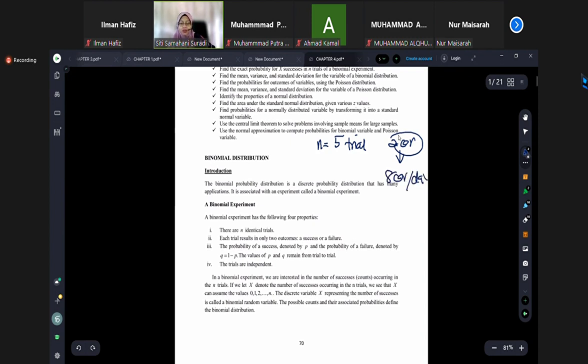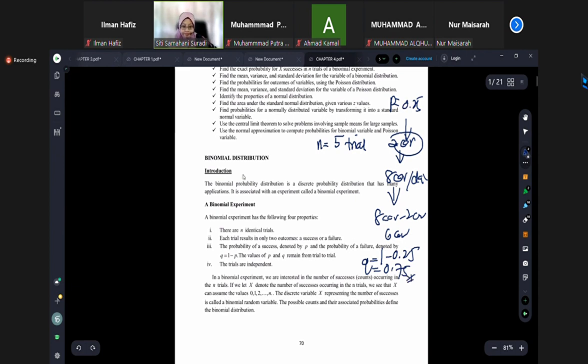So the success of 2 cars is considered 0.25 for the P, and then Q is the balance, that means 8 cars minus 2 cars, remaining 6 cars. You can use simple probability, as you know, the failure is considered A complement, but here it is Q equals 1 minus P, that means Q is 1 minus 0.25, so the value is 0.75. So this is the example.